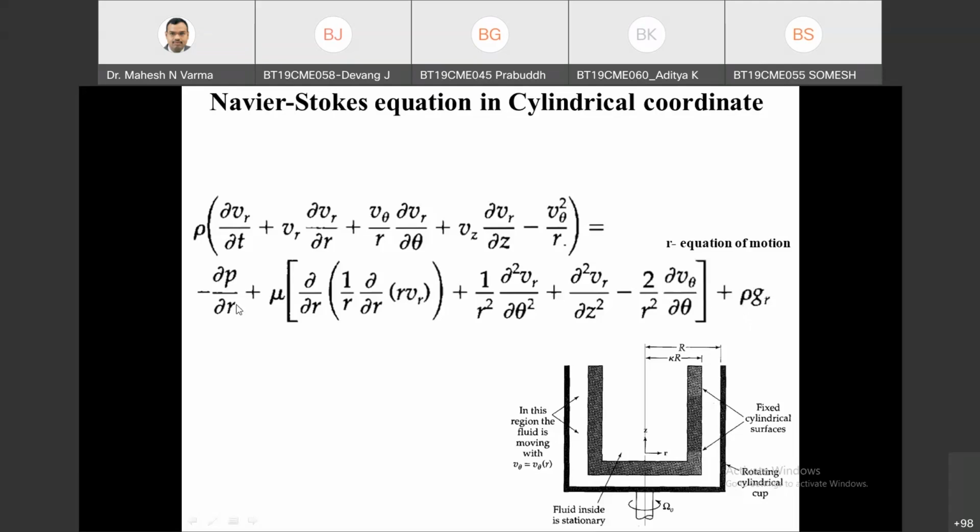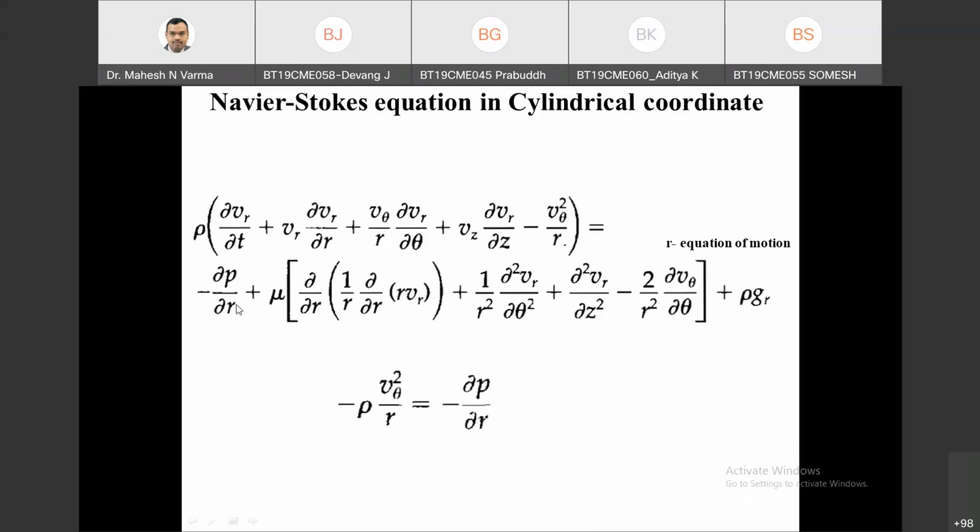Okay. Yes, sir. So you can see the R equation of motion will give me information. What information will it give me? It will give me the variation of pressure with respect to R. So the centrifugal force information will be given by the R equation of motion.